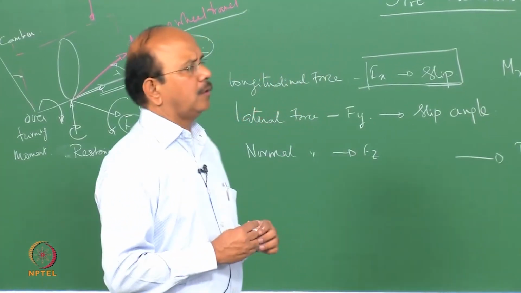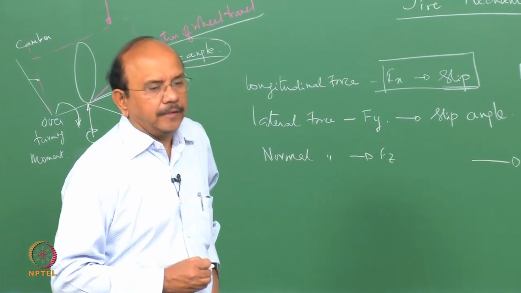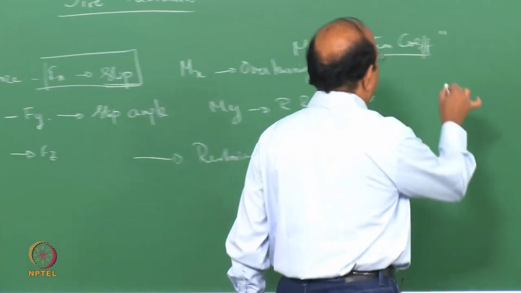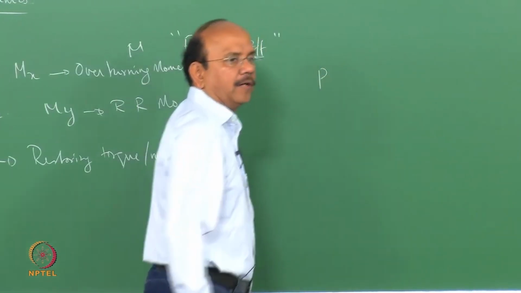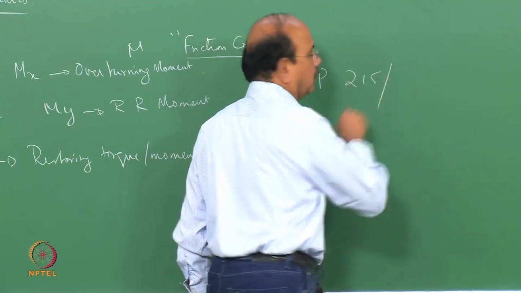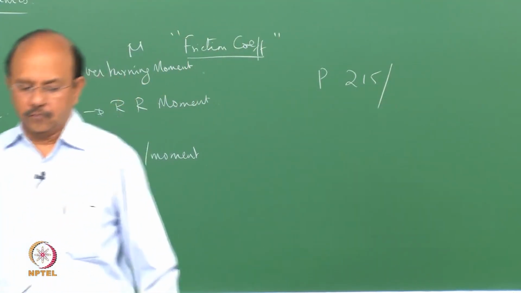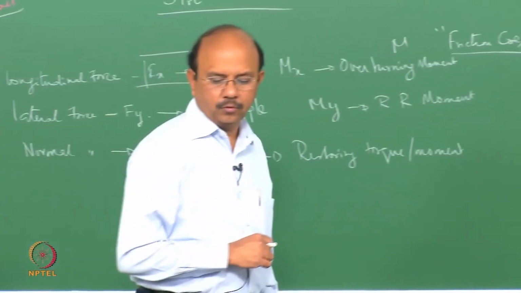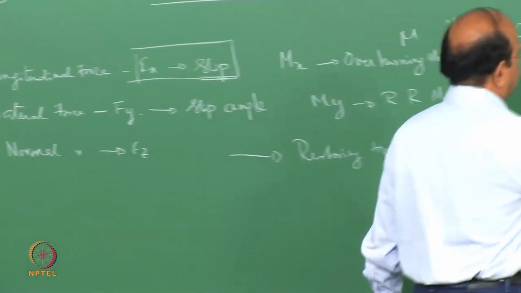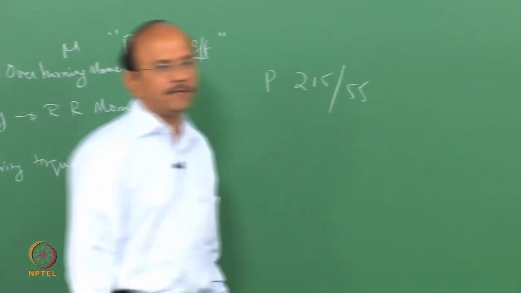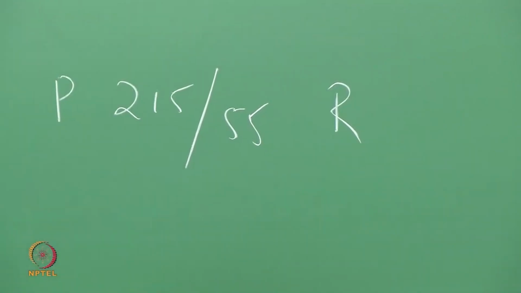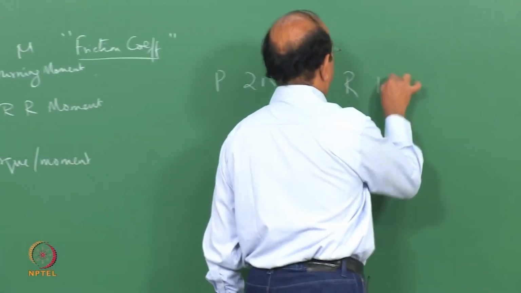All of you, of course, know how a tire is specified. If you go to a shop to buy a tire, say a passenger car tire, you would say I want, for example, 215, and you would specify one more number, 55 or 65, then you would specify R, and then another number, 15.